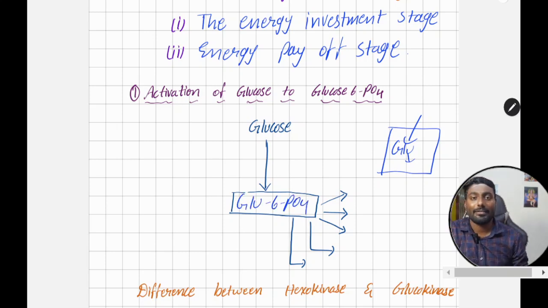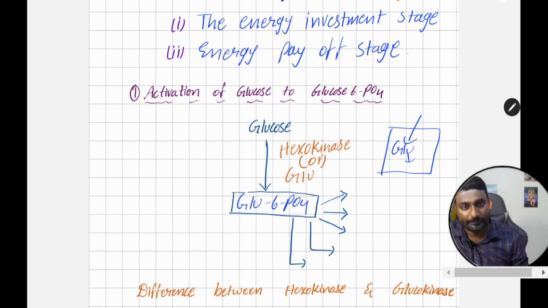Okay. Now what are the enzymes which are helping in this step? It is either your hexokinase or glucokinase. Okay, got it, students? It is either your hexokinase or glucokinase.